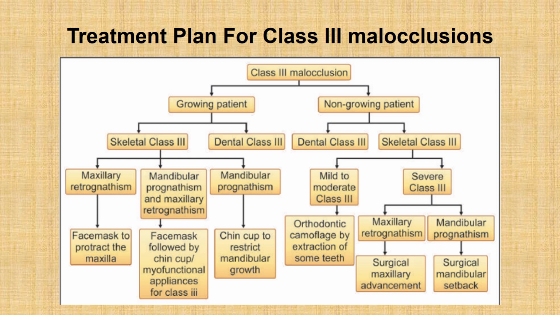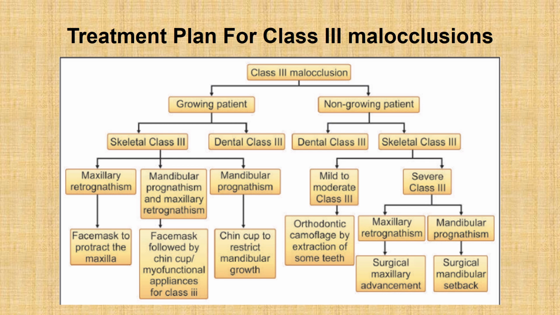Now, if the maxilla is small, then the orthopedic treatment aims to protract the maxilla and stimulate its growth. If the fault is with the mandible, then orthopedic treatment is directed towards restricting mandibular growth. And in a situation where both are at fault, then a combination of both is used.